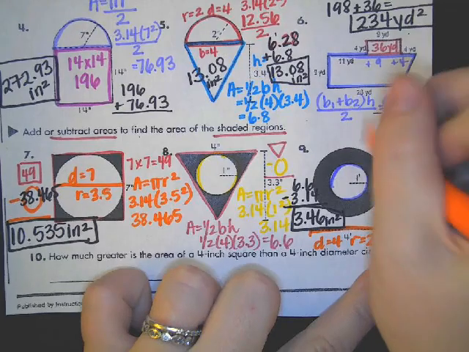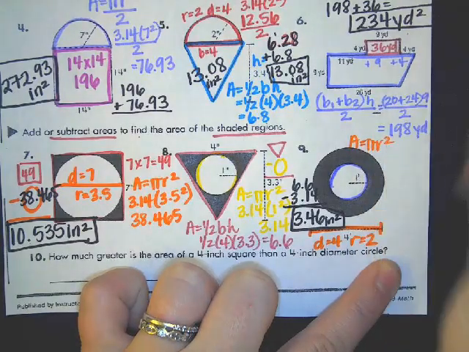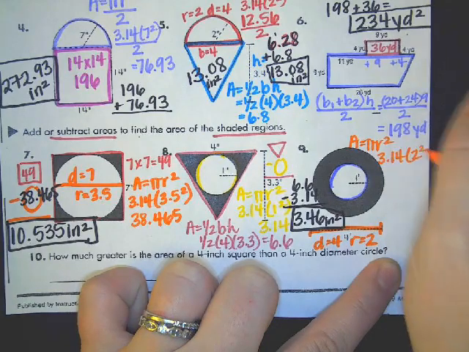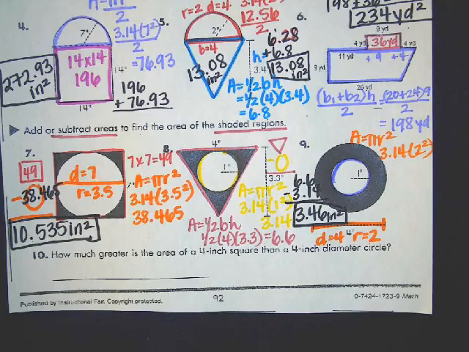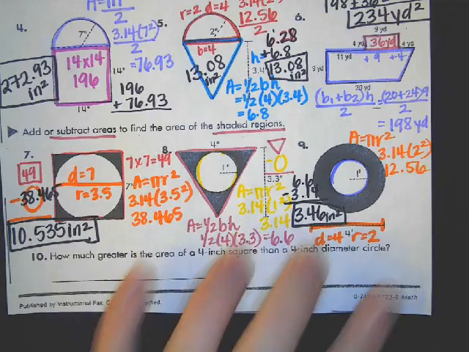I'm going to say for my larger circle, area equals pi r squared. 3.14 times 2 squared. That gives me 12.56.